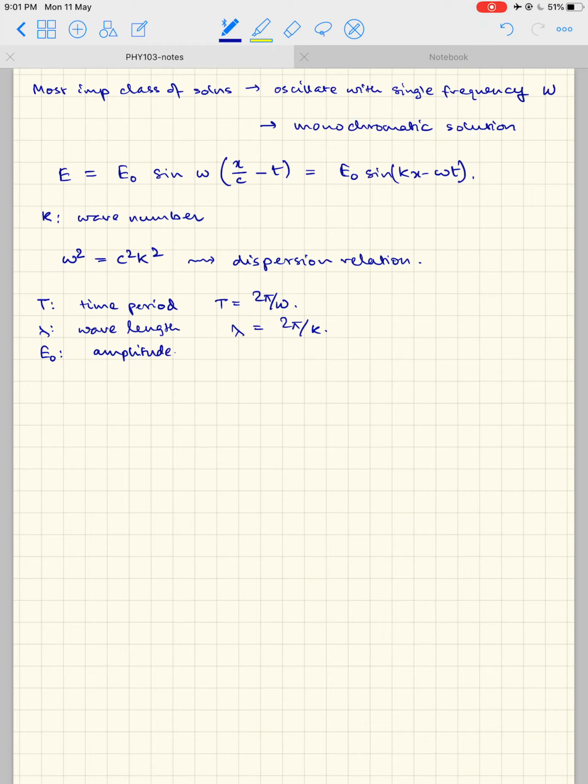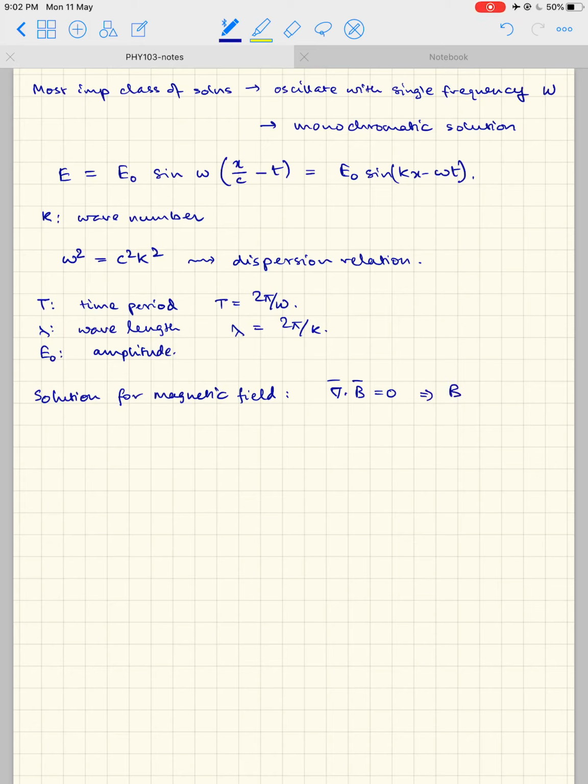Very good. Now we want to look at the solution for the magnetic field. So now what do we have? We have del dot B equal to 0, in a way very similar to last time.